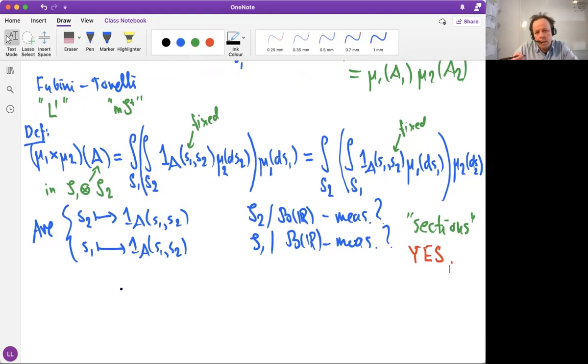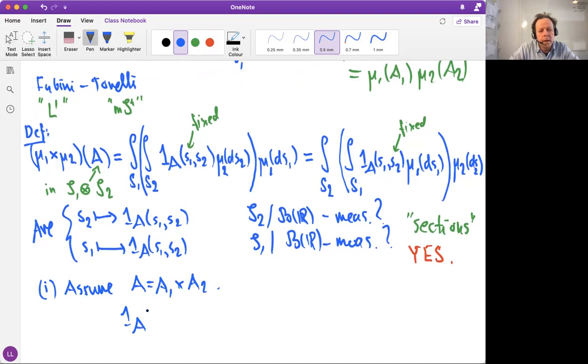How to study this? Case one is that we first, as a sanity check, assume that A is of the form measurable rectangle. So then should indicator A, S1, S2 be measurable?